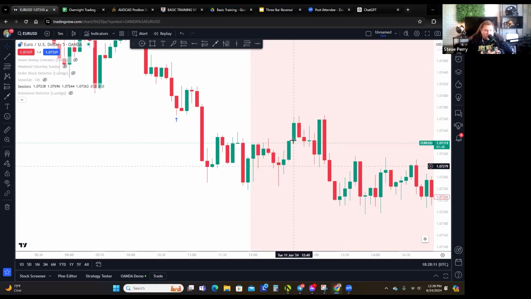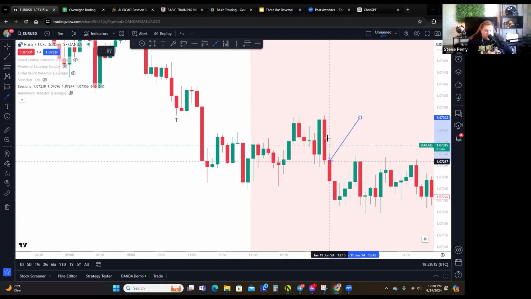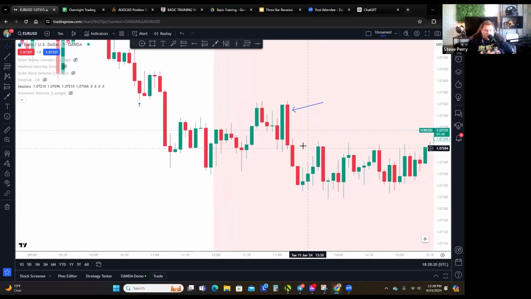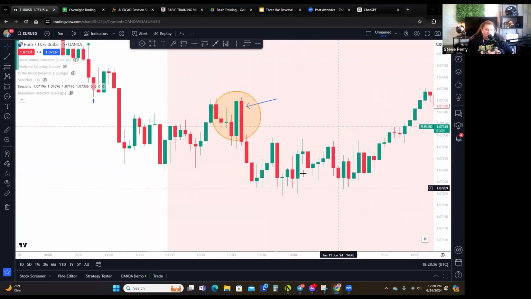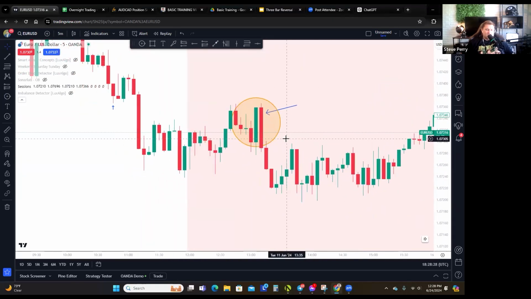You really don't get an engulfing candlestick until right here. That red candle engulfs the previous 4 or 5 candles. So that would have been a potential trade opportunity to sell there.